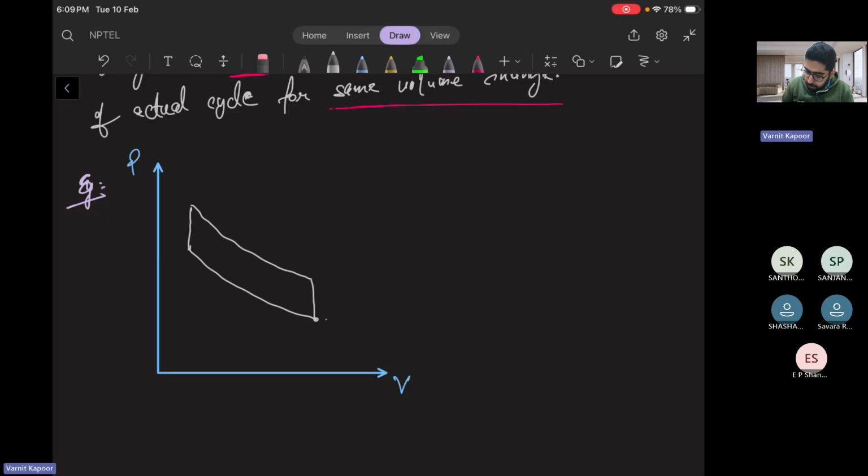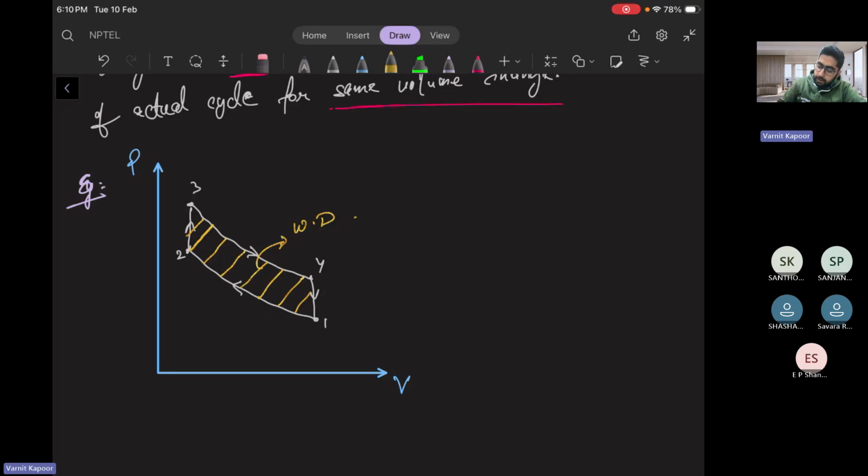This is process 1 to 2, isentropic compression; 2 to 3, heat addition at constant volume; 3 to 4, isentropic expansion; and 4 to 1, heat rejection at constant volume, sorry, my bad. So what is the net work done of the cycle? We say that the area enclosed by this complete cycle is the net work done by the cycle.